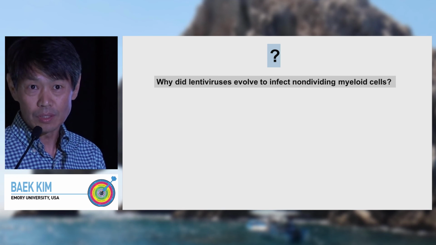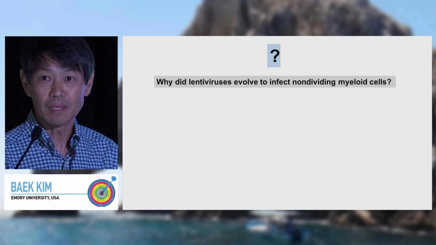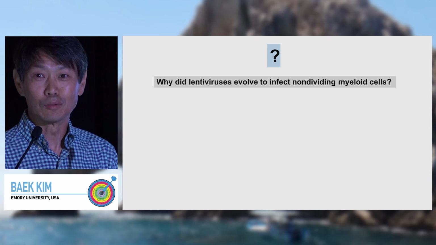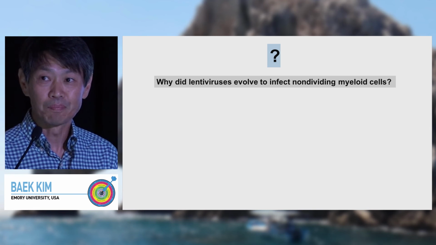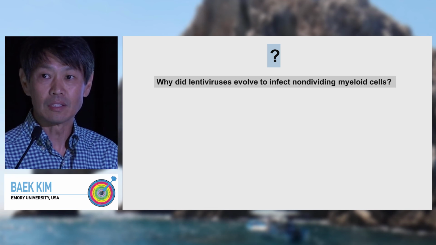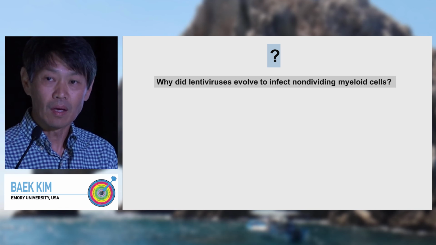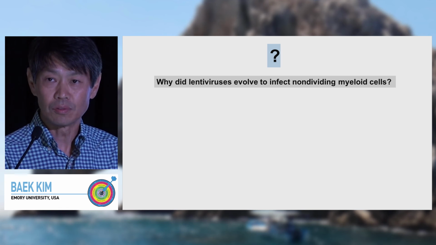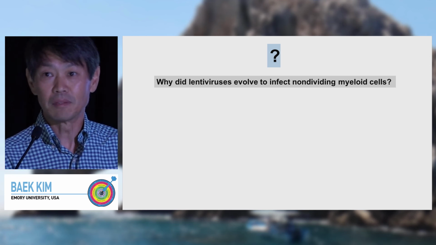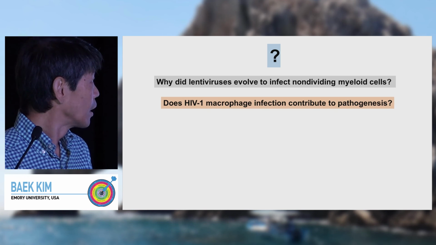The main question we are interested in in the lab is why lentivirus evolved to infect non-dividing cells. A non-dividing cell is a horrible cell to infect because it's metabolically very inactive, with no support of many metabolic ingredients, transcription, replication, anything. But why did HIV or lentivirus evolve to infect non-dividing cells? Why develop fancy proteins like VPX and VPR to achieve that?